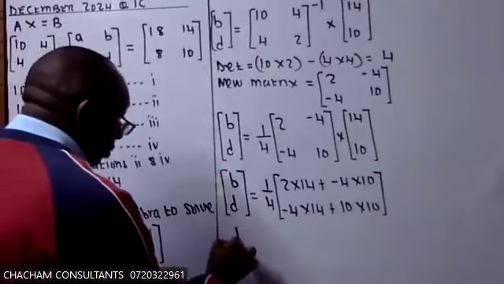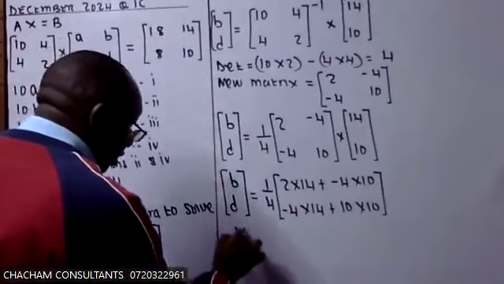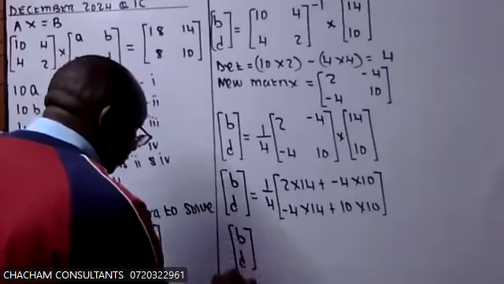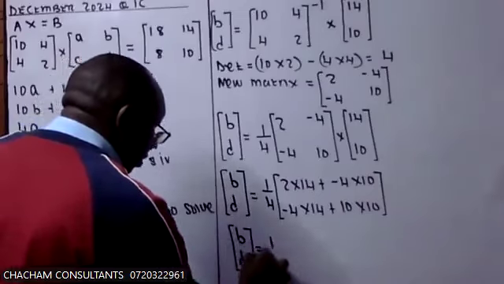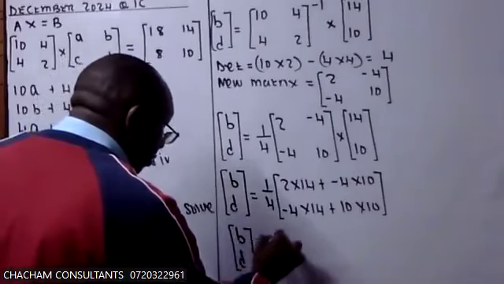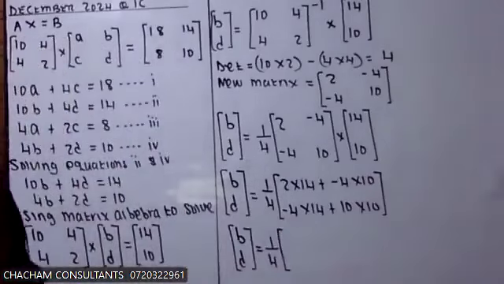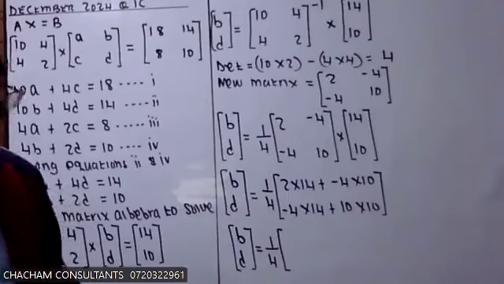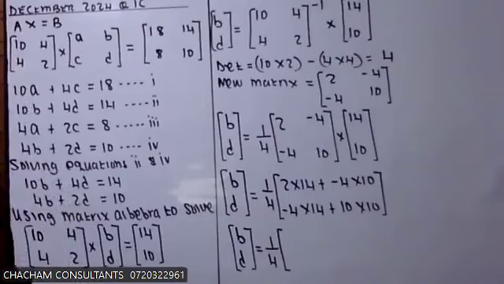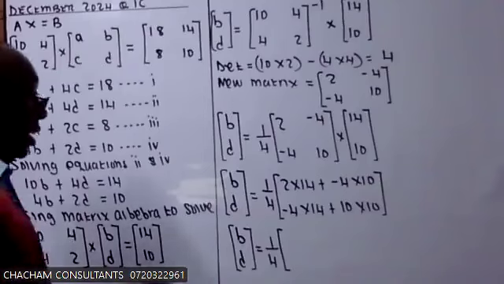So this proceeds on to become BD here. Is 1 out of 4. So ukisema 2 times 14 plus minus 4 times 10. That's giving us minus 12.